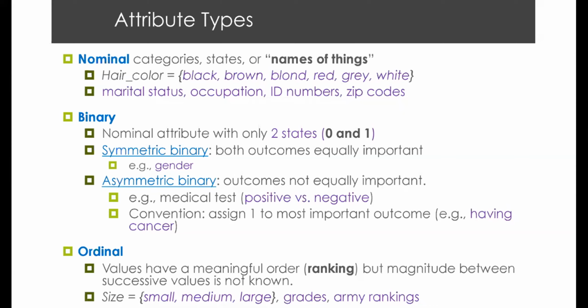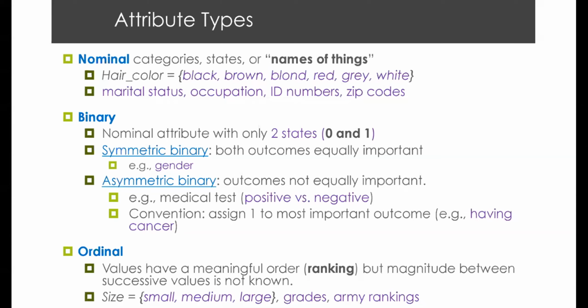All of these are nominal attributes. Only the names of things are represented in nominal attributes, mainly categorized with the names and states of things.